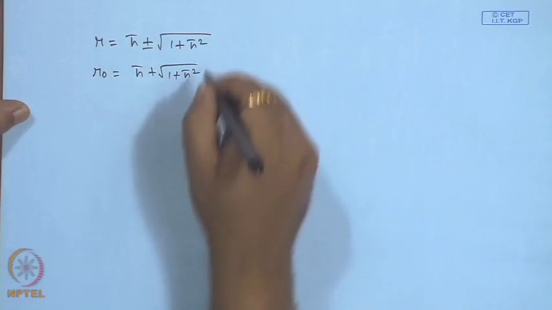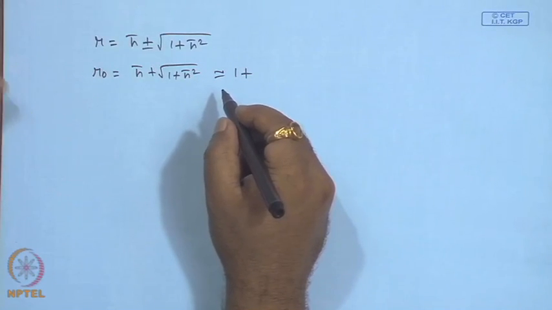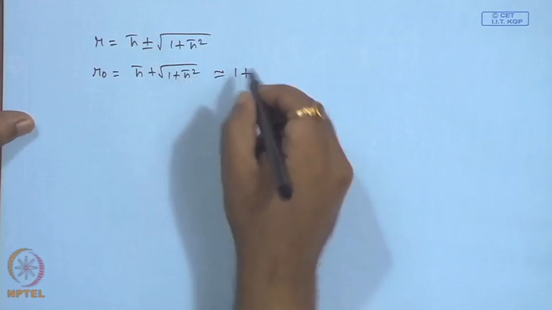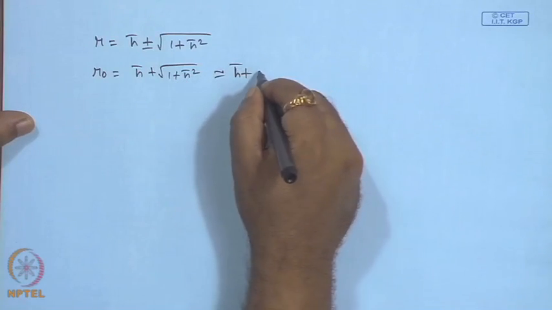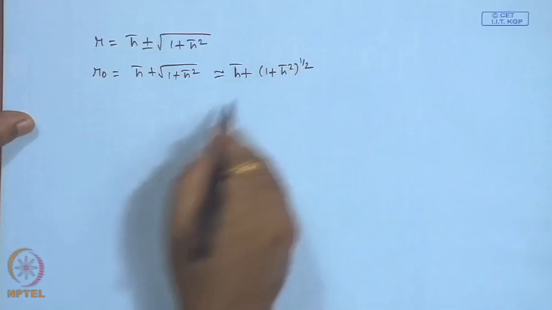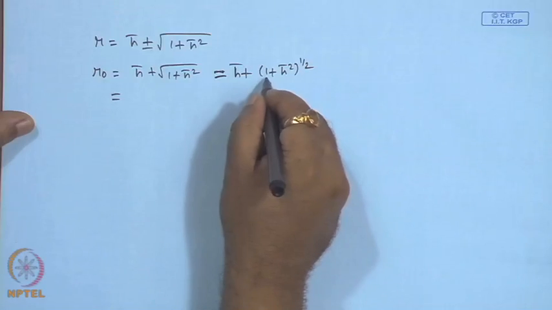Okay. So, this is h bar plus square root of 1 plus h bar square. So, having power series expansion, we get 1 there.